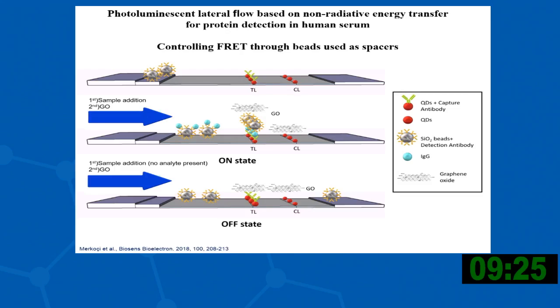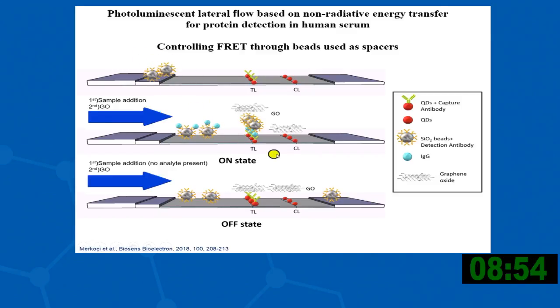coli. To make the system more available for different applications, because this previous system is very much dependent on the distance between the donor and acceptor, and in the case of bacteria it's easy to have this big distance allowing the shining of the quantum dots, we used silicon beads, now modified with antibodies, as spacers.